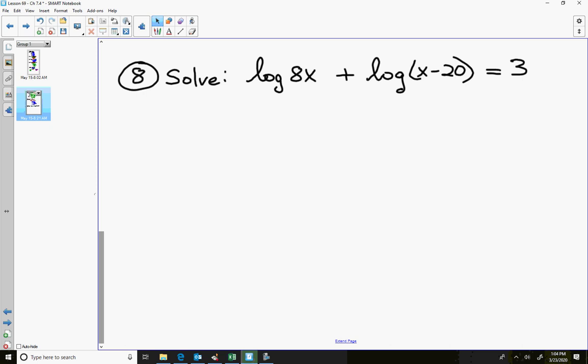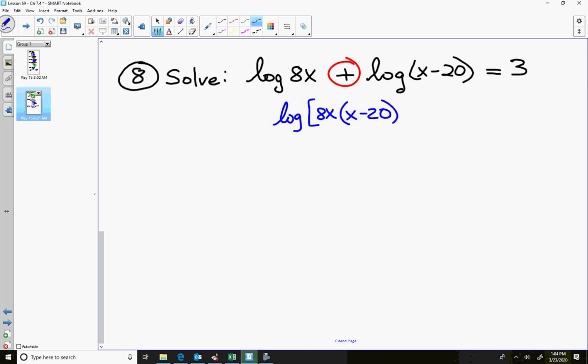And now number 8, last one. Again, we got a plus sign here. So my first step, consolidate. Okay, we have a log, base 10, understood. But my argument is going to be 8x being multiplied by x minus 20. Now that still equals 3.